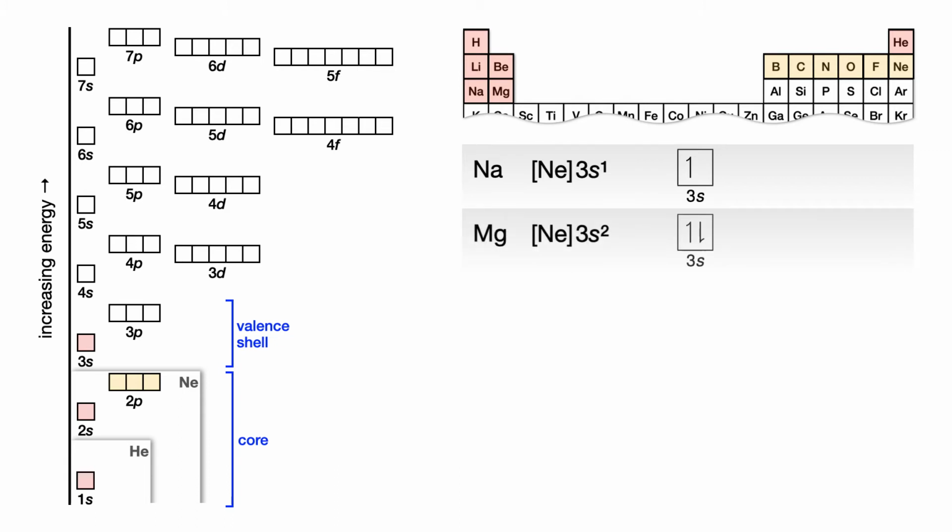No surprises there. And then aluminum is going to put its next electron into the 3p sublevel, and so it has a configuration of neon core 3s2 3p1.